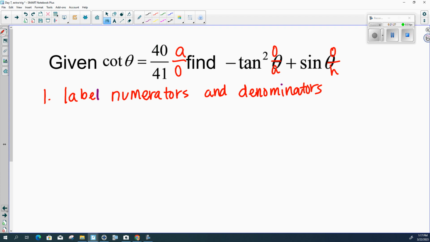Is it a negative what? Draw your reference triangle. Solve for your third side.